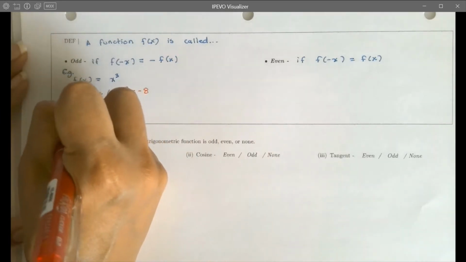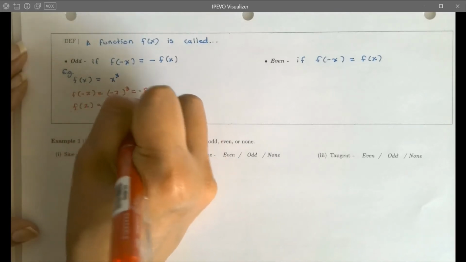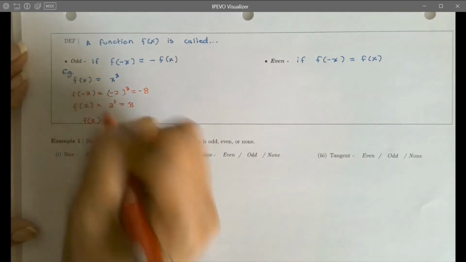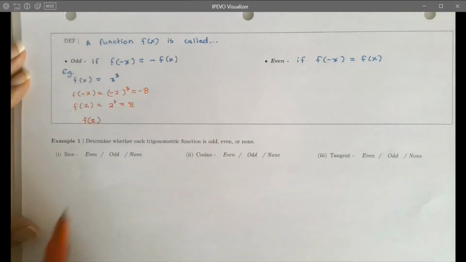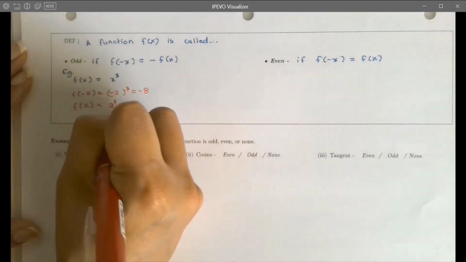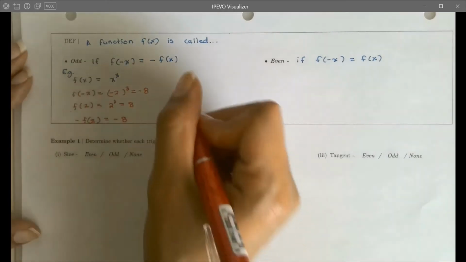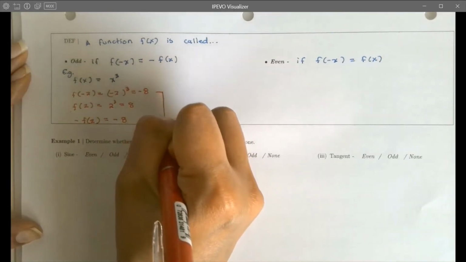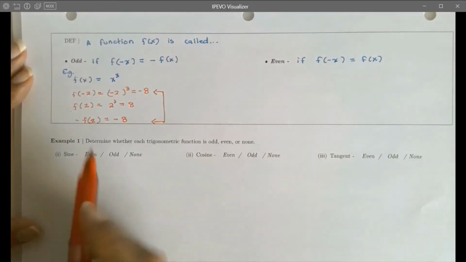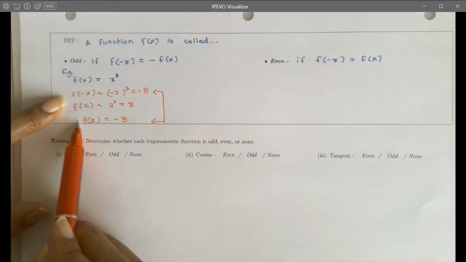If I take a look at what is f of 2, I'll get 2 cubed, which is 8. So if I take f of 2 and multiply it by negative 1, that's going to give me negative 8, right? So if you notice, both of these are the same answer. That means that f of negative 2 is the same thing as negative f of 2.